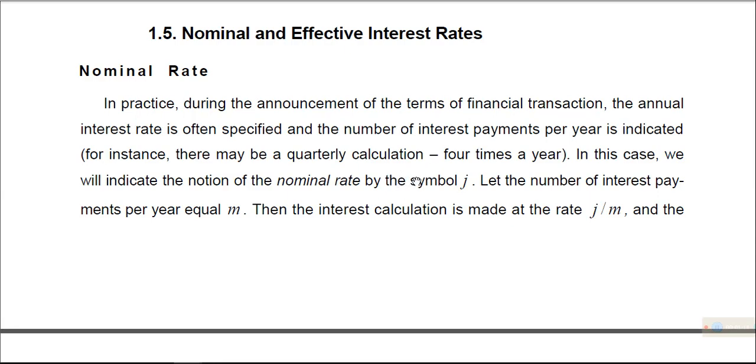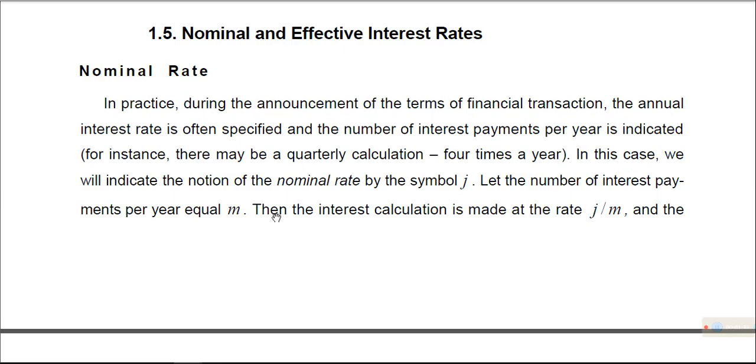Noong mga nakaraang example natin, lagi tayong annual. Isang beses lang nagkakaroon ng interest for a given year. Pero this time, lalo na dun sa mga banking institutions natin, flexible yung or may iba't ibang types ng nominal rate na ginagamit. And this is one of the common types, the quarterly calculation.